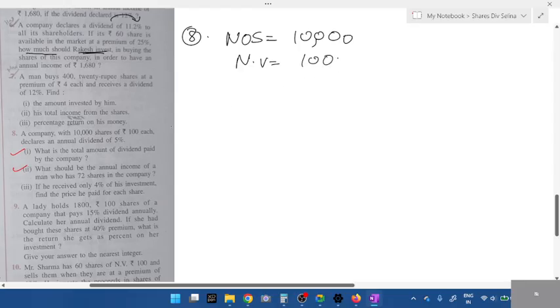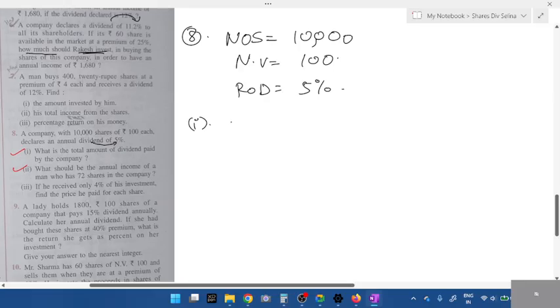So this is a company with 10,000 shares of rupees 100 each, with an annual dividend given. If the dividend is 5%, what's the first thing they've asked us to find, students?